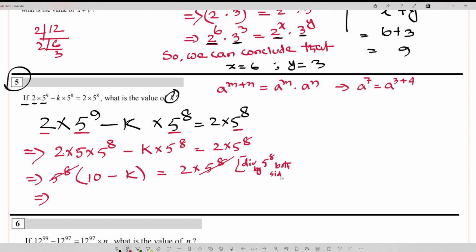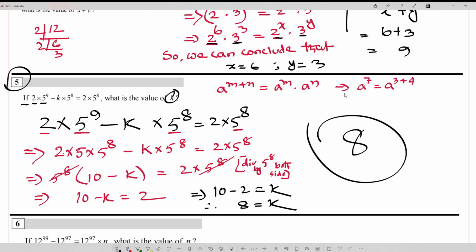Okay, now look, here is 10 minus k equals 2, right? Then we can transfer k to the right side and 2 to the left side. So 10 minus 2 equals k. So k equals 8. So the answer is 8. Clear?